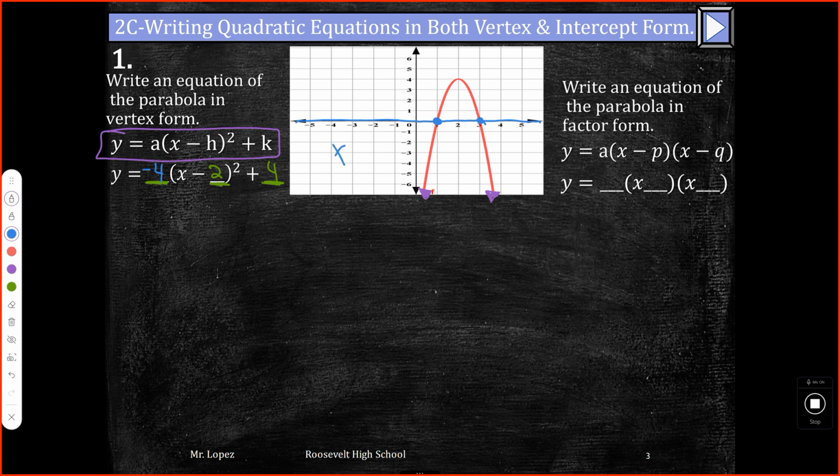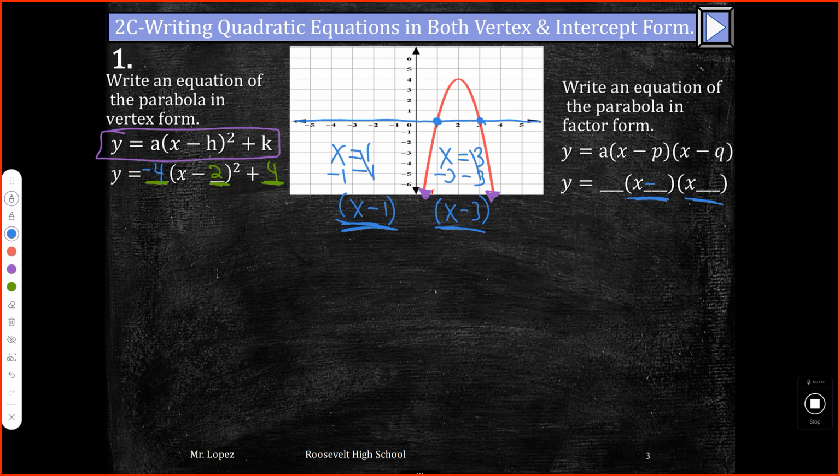So x equals 1 is a root, and the other one is x equals 3 is a root. Now we gotta put them in factor form. So take away 1 here, so we're going to get x minus 1. Take away 3 here, you get x minus 3. So you directly just substitute this in here.